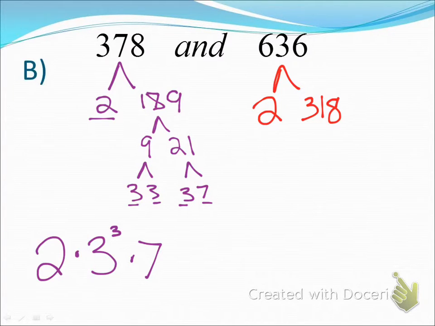Hold on, back here. What's this one divided by 2? That one is 318. Yep. Keep going. It's even. Do it again. Hit divide by 2. 159. 2's not going to work, but 3 might. 53. 3 and 53.